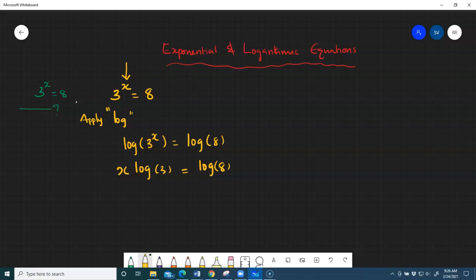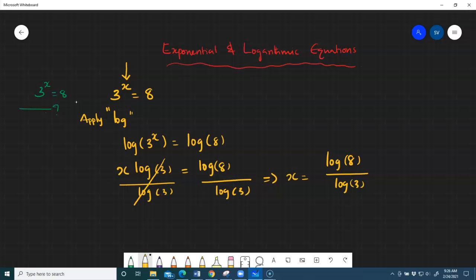Now what is our objective? Our objective is to isolate x. That means we don't need this log 3. Log 3 is multiplied with x, so to eliminate a multiplication you do the reverse operation, division, with the same thing. So divide by log 3 on both sides. It cancels out, so your answer is x is equal to log 8 over log 3.